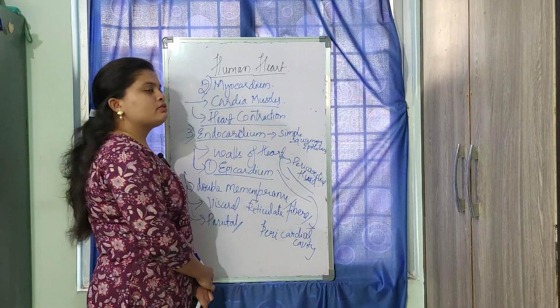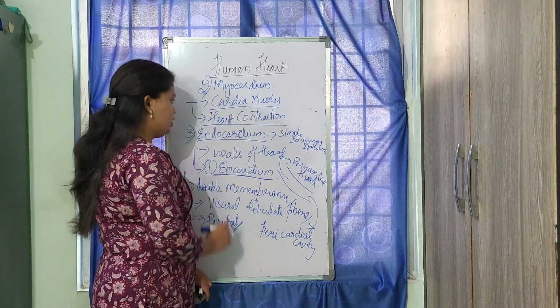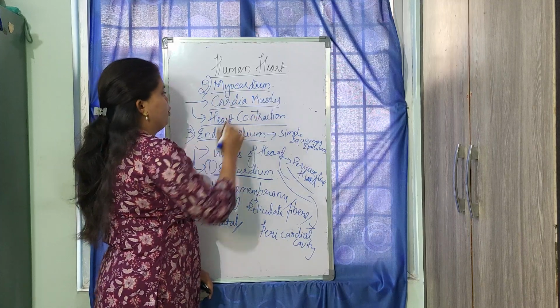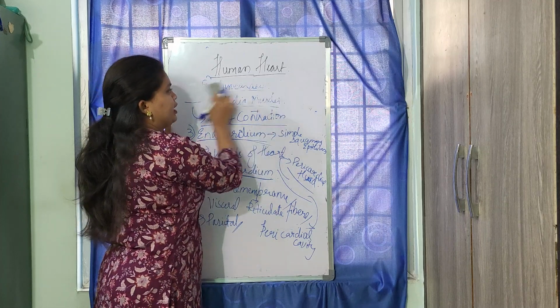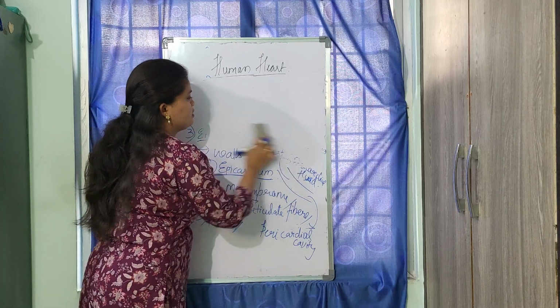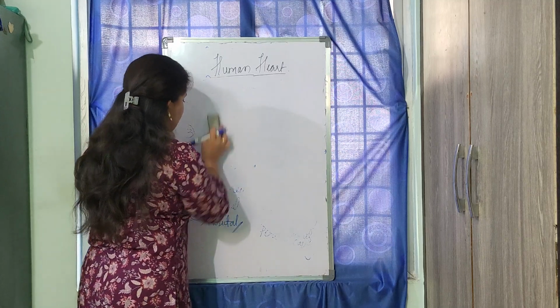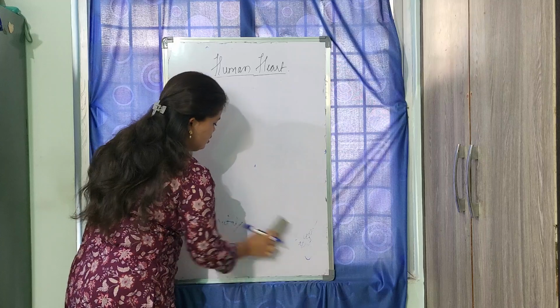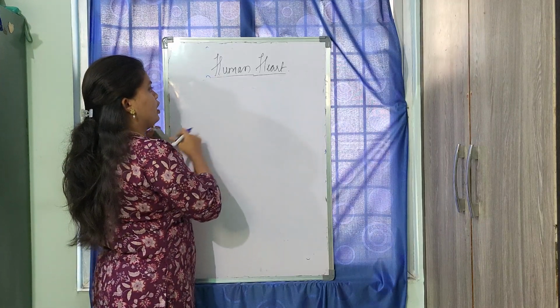So these are the three layers of the walls of the heart. First one is the epicardium, second one is the myocardium, third one is the endocardium. Let me draw a diagram which will give you an idea of how this is.